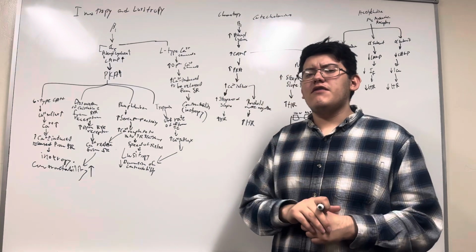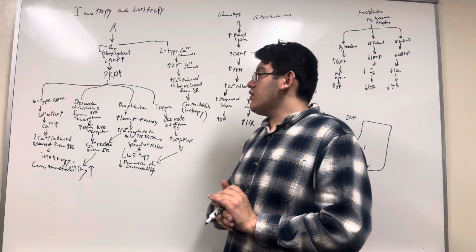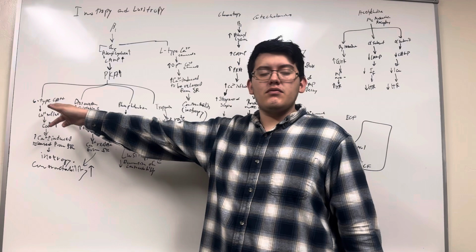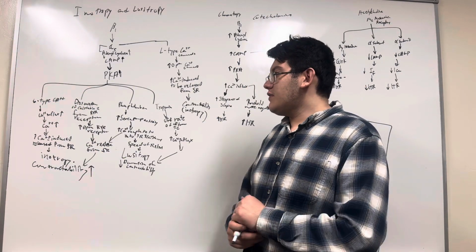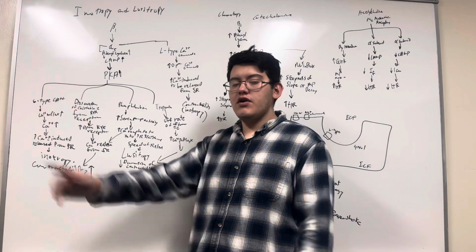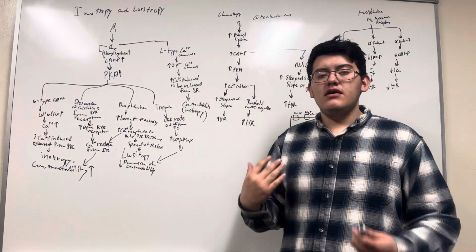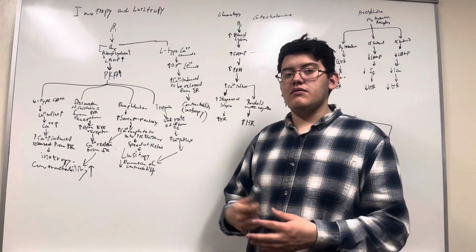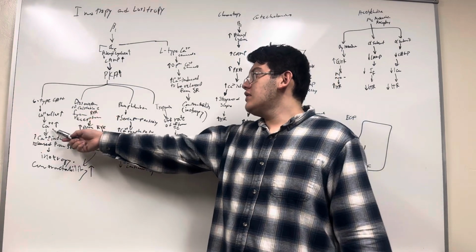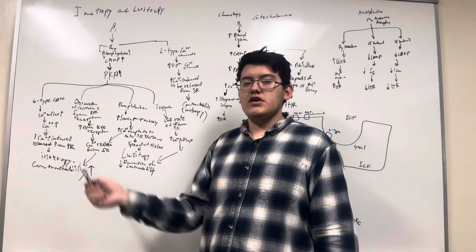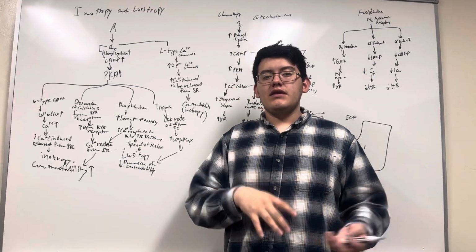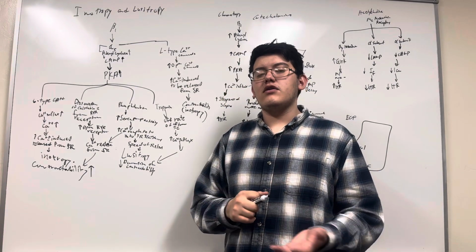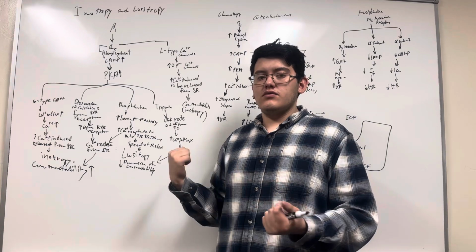First, it can phosphorylate our L-type calcium (Ca2+) channels, which would cause an increase in our calcium uptake, or an influx of calcium here, as we can see, which increases the amount of calcium that we also receive from inside the SR into the ICF.